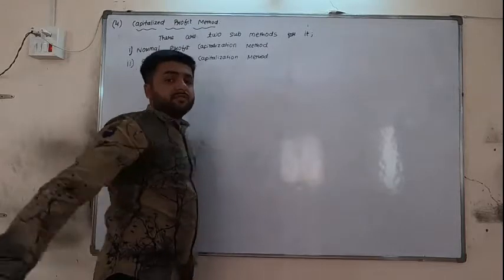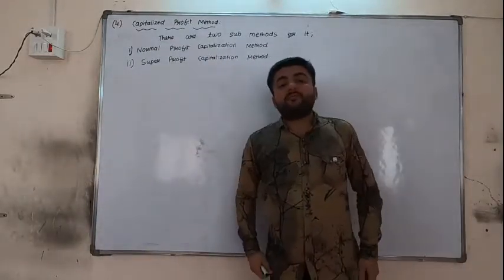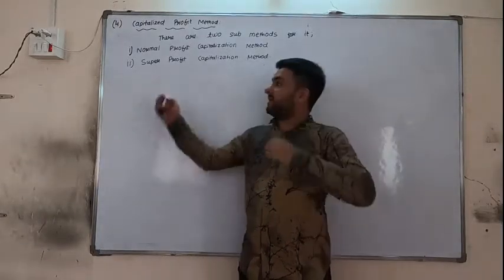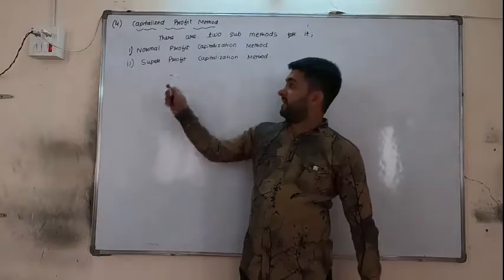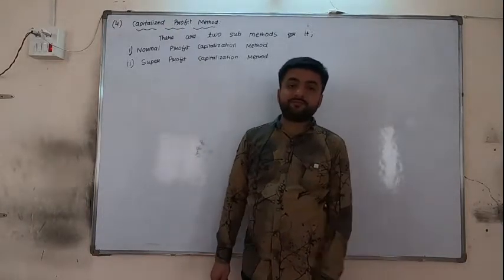So from the question you have to decide which one it is, by what name is written with capitalized profit. If only capitalized profit method is written, then it is normal profit. But if they clearly write super profit capitalized method, then that method is to be used.